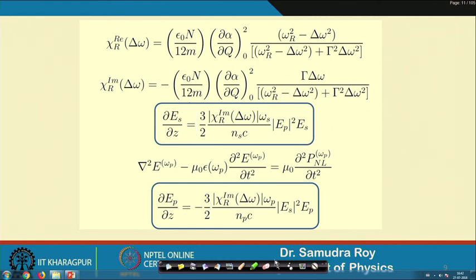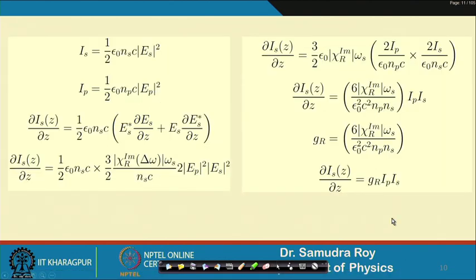We can write these two equations in a more suitable way, in terms of intensity, and we know the relationship between intensity and electric field. If I use that, we can find that I s and I p can be represented in this way. If I take the derivative of I s and I p, I will have this term, and d E s d z is known to us.